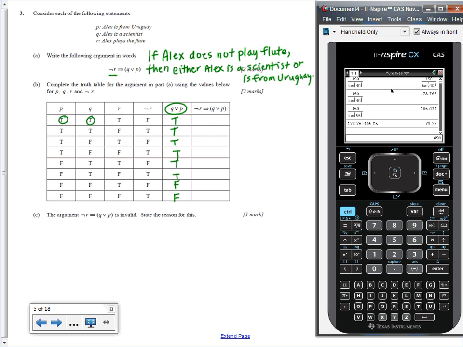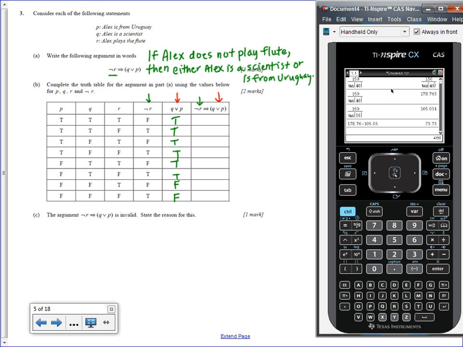And then the final one is an if-then. We have this conditional statement here with not R as the antecedent, right? So this is our antecedent. And then Q or P as the consequent. So we're looking at the not R column followed by the Q or P column. And remember, the only time that an if-then statement is false is when the initial thing is true and the final thing is false. So the antecedent is true, but the consequent is false.